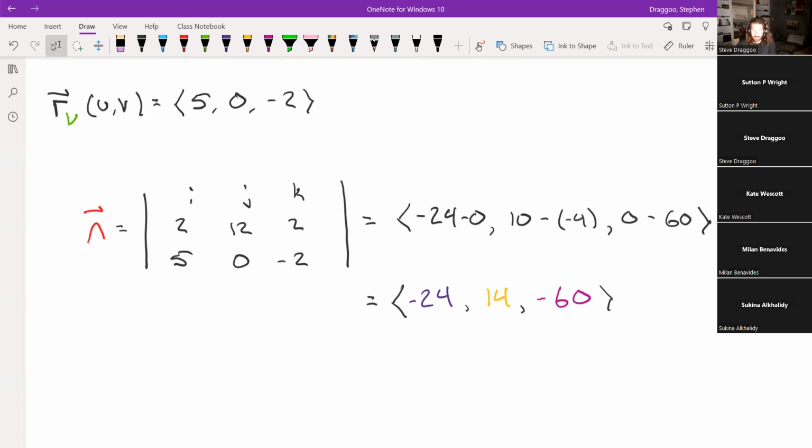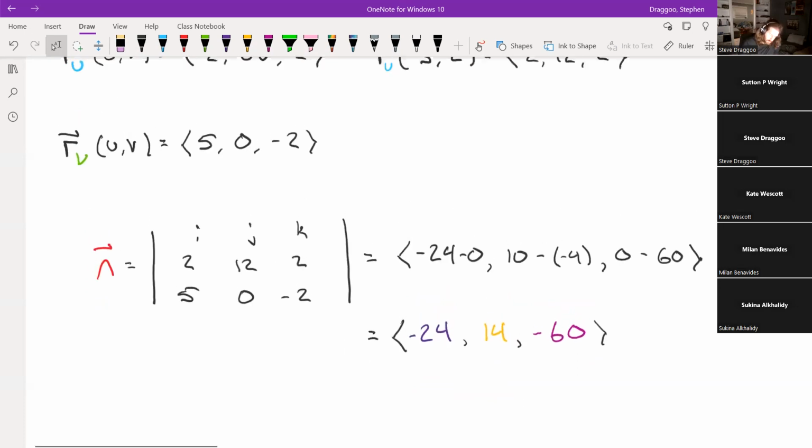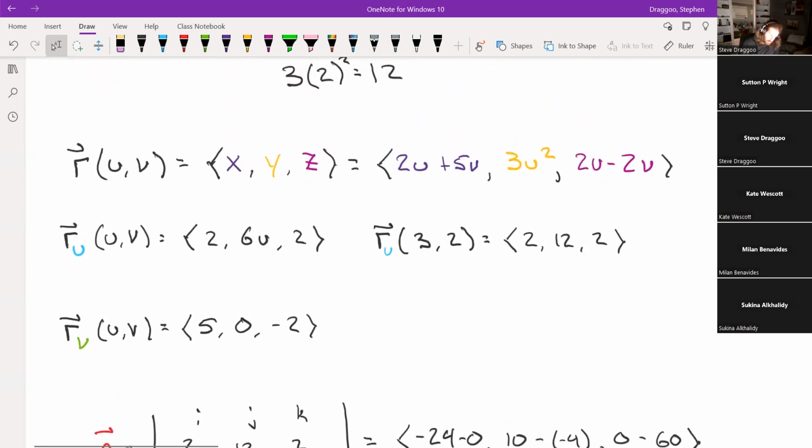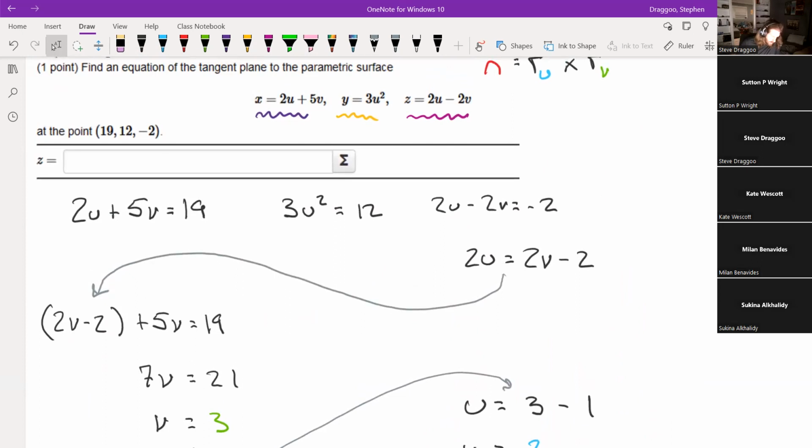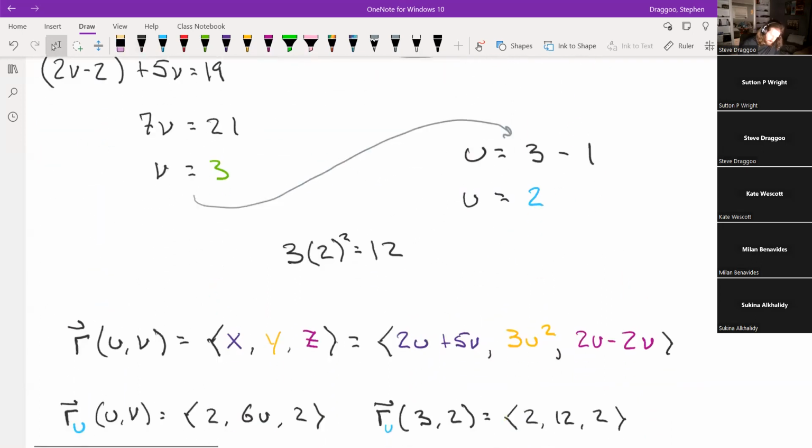Cool, so that's my normal vector. Now I just need to put this into the equation of a tangent plane. So did we have a point that was just given to us? We did. 19, 12, negative 2.